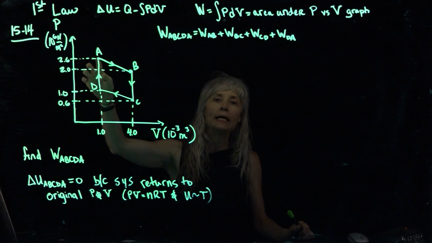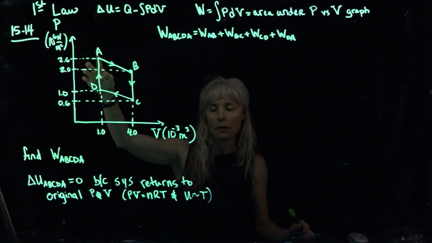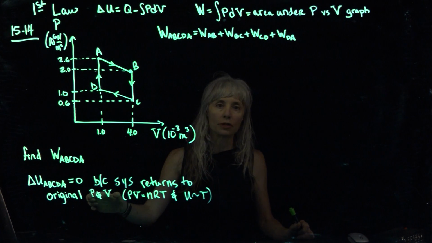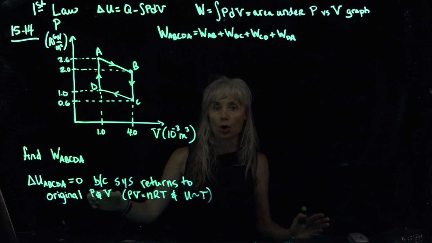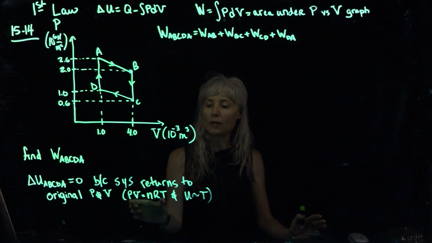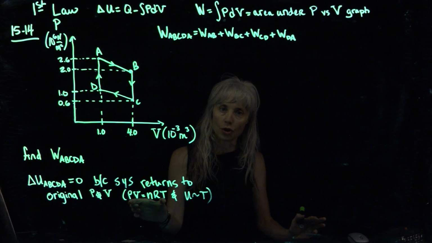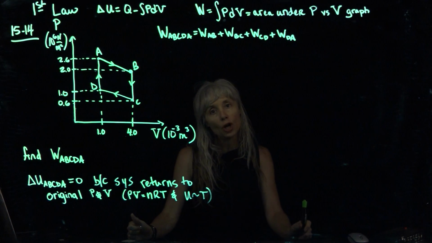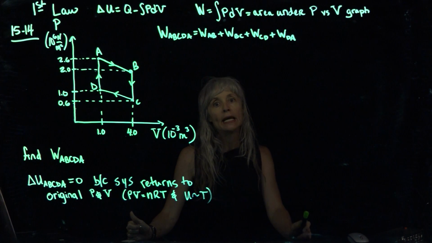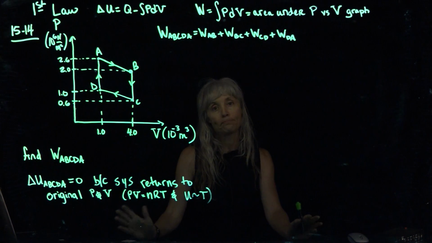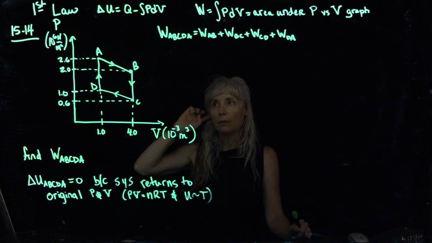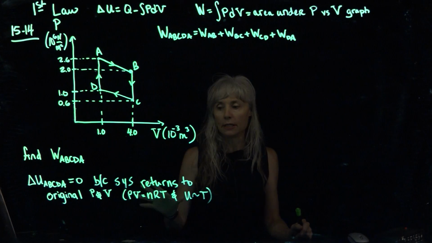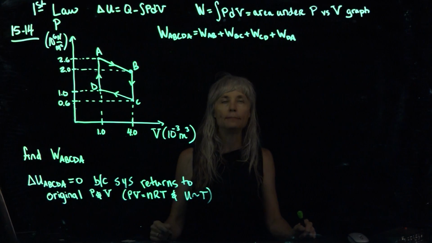It starts at A and it comes back to A. So because the pressure and the volume are the same as they were originally, the temperature also will come back to the same temperature. Therefore, the internal energy will be the same as it was. So there will be no change in internal energy. It may not be of use in this particular problem, but it's good to note that.